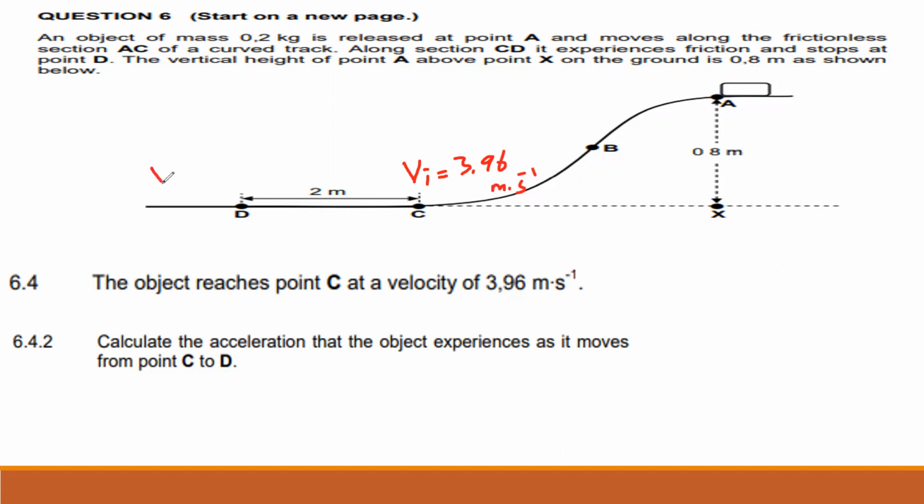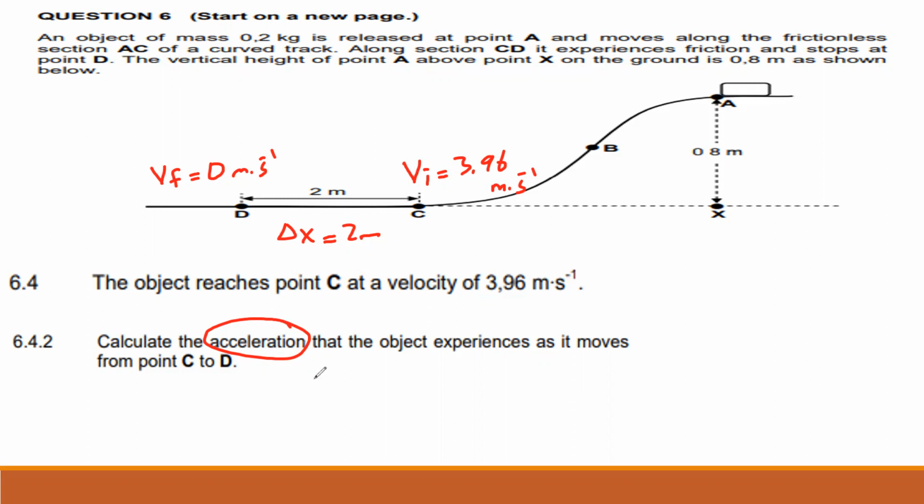And then V final for D equals 0 meters per second. And what we know, delta x, displacement equals 2 meters, but we don't know acceleration. We don't know time, but we are looking for acceleration. So they said calculate the acceleration. If they ask time after calculating acceleration, we can get time also.